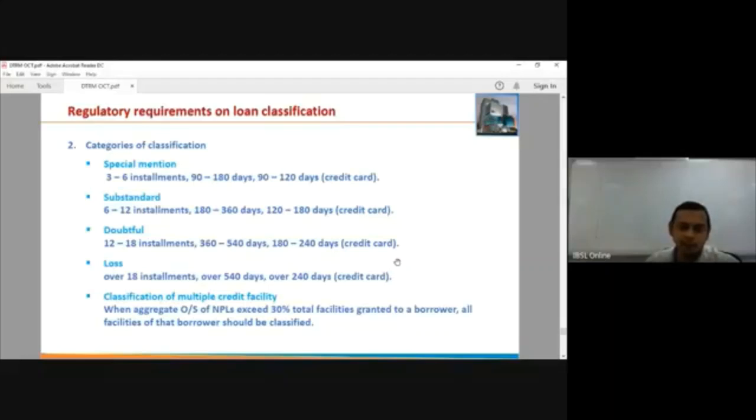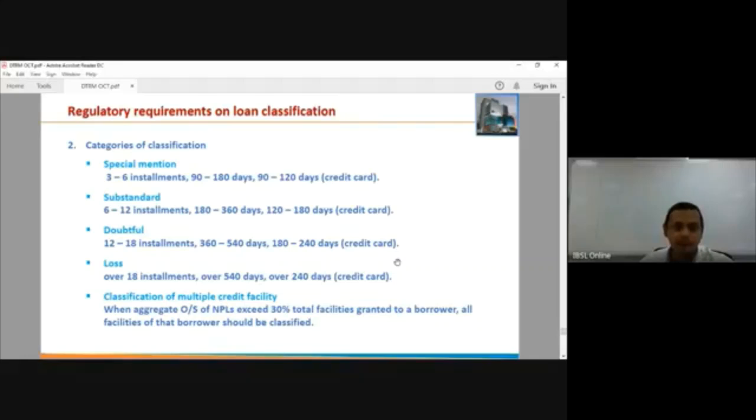So we have 4 kinds of classification: special mention, substandard, doubtful, and loss. Those are the categories. Now, if a loan is not paid for 3 installments or 90 days, right, that loan will be classified as special mention. So that is the starting point of NPL.